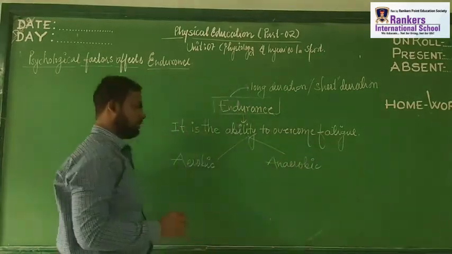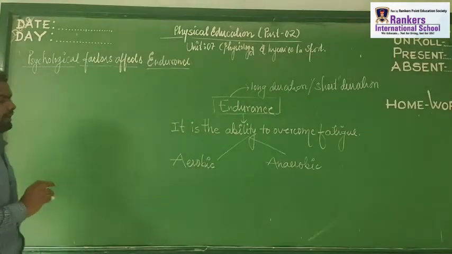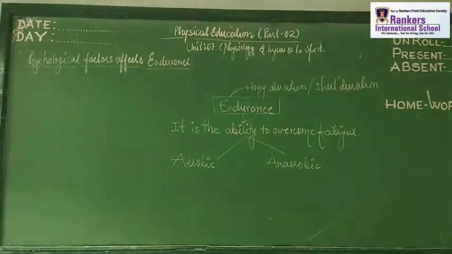Anaerobic means there is an absence of oxygen. Now I'm going to tell you what exactly aerobic endurance is and what exactly anaerobic endurance is. Anaerobic is a short-term endurance.